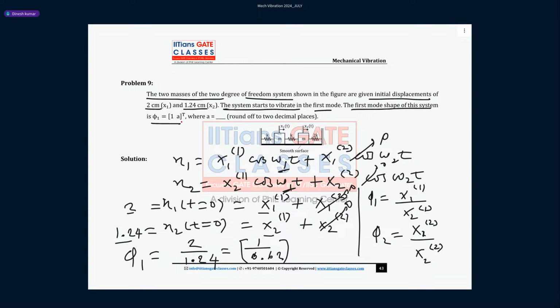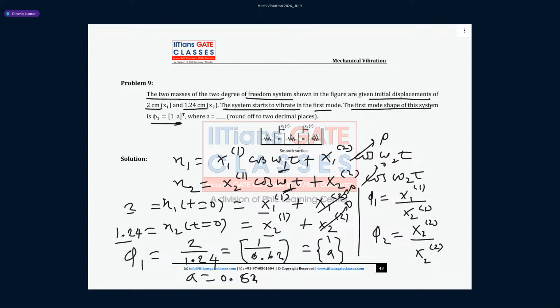So you can see phi1 is 1, and they have given it as 1a. So what is the value of a? It is 0.62. Clear, everyone? Is this clear to everyone?